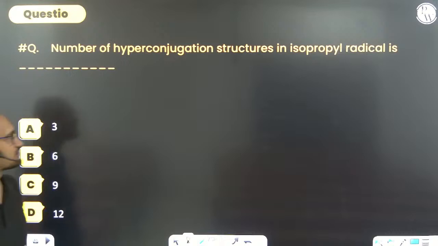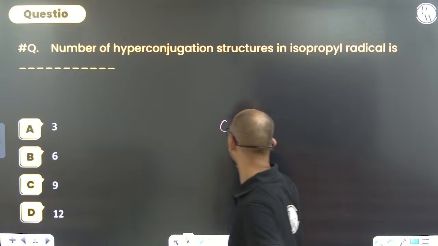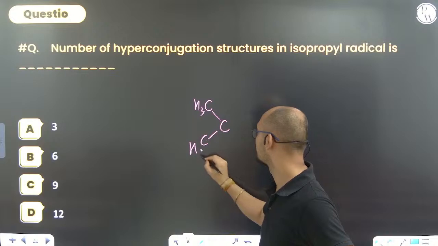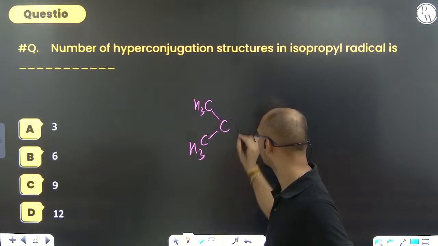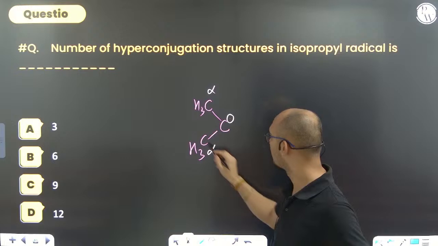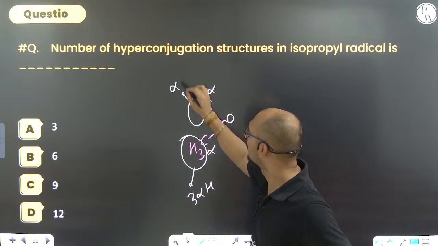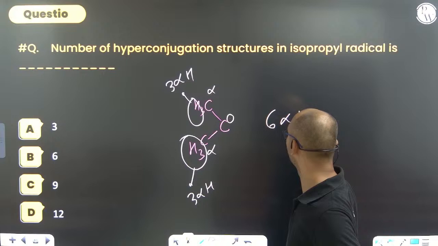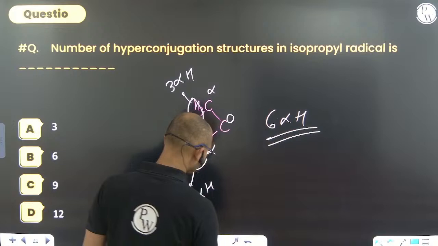Number of hyperconjugation structures in isopropyl radical is? Can you see what isopropyl radical is? Isopropyl radical means CH3 CH CH3. Now make it a radical. Is there an alpha carbon to this radical? Is there any alpha hydrogen? Yes, two alpha carbons are there. How many alpha hydrogens? Three alpha hydrogens here and three here, so a total of six alpha hydrogens. How many hyperconjugation structures will there be?